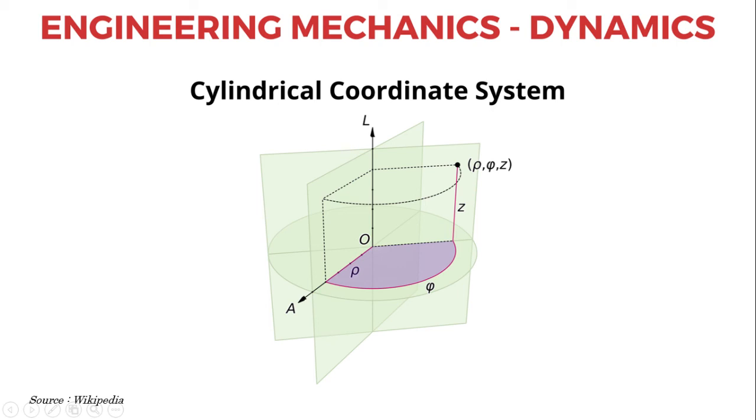The intersection of the two planes represents the z-axis. A fixed point O is chosen along this z-axis. The ray that lies in the reference plane, starting at the origin and pointing in the reference direction, is called the polar axis. Here in this figure, OA is the polar axis.